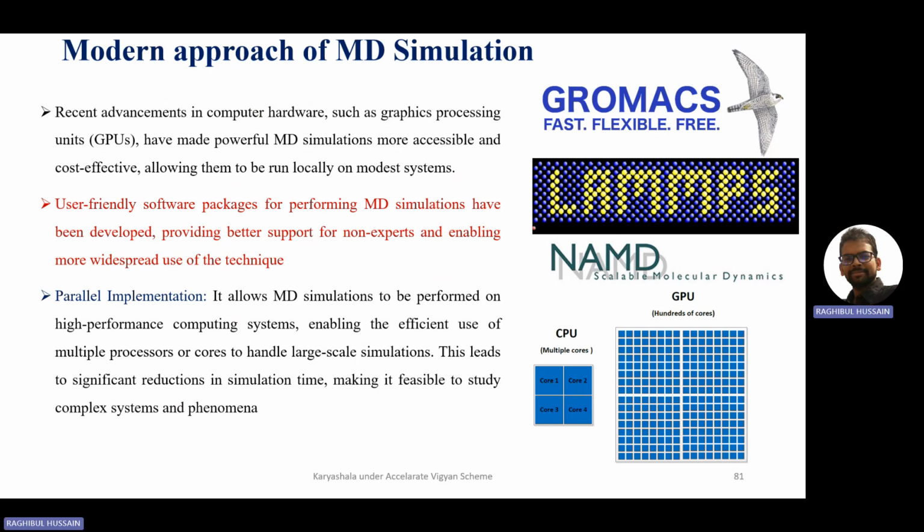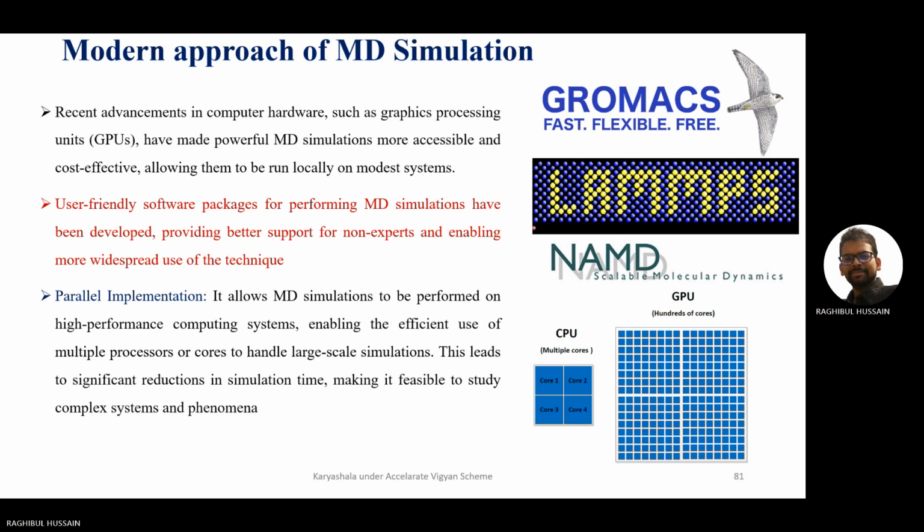After that, mostly people used CPU cores to run the parallel programs, but due to NVIDIA, the sudden advent of the GPU core, now people are using a combination of CPU and GPU to do the computation of MD.